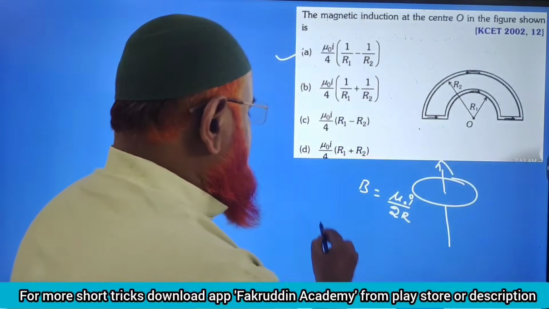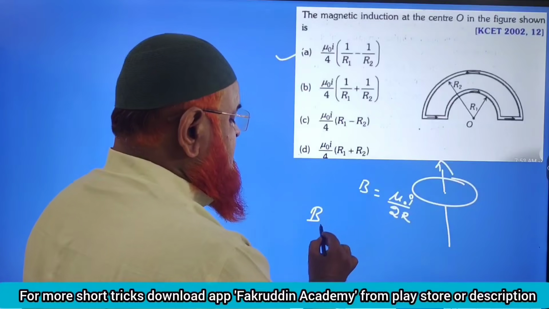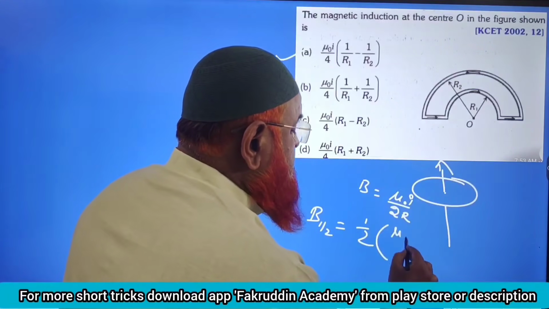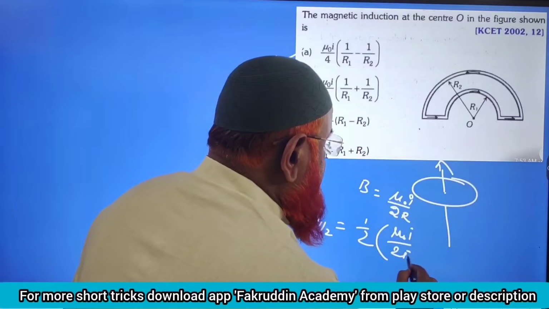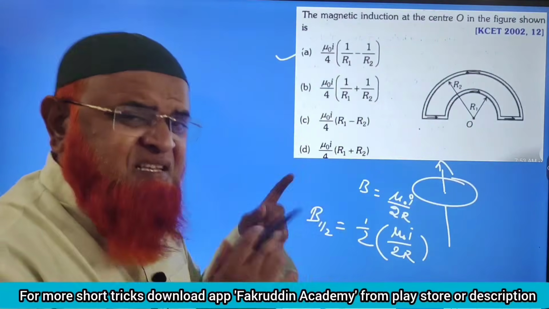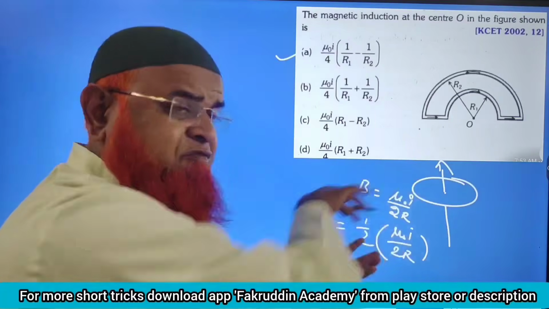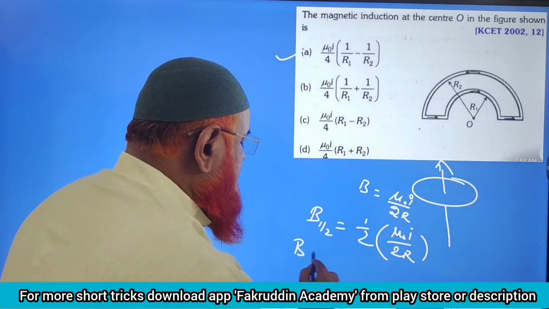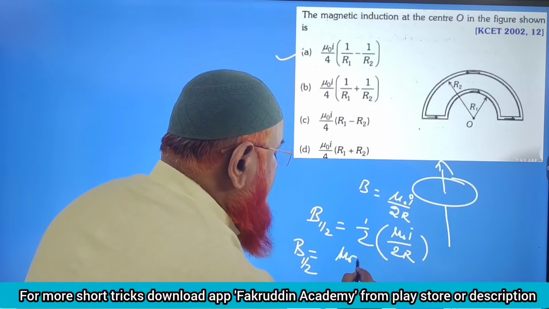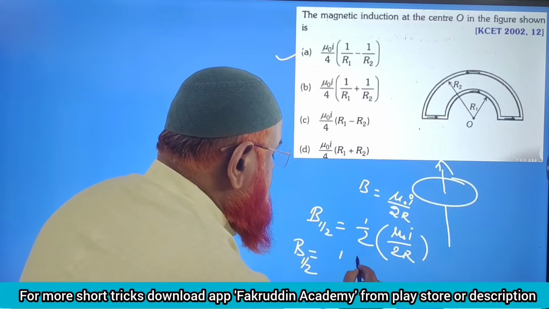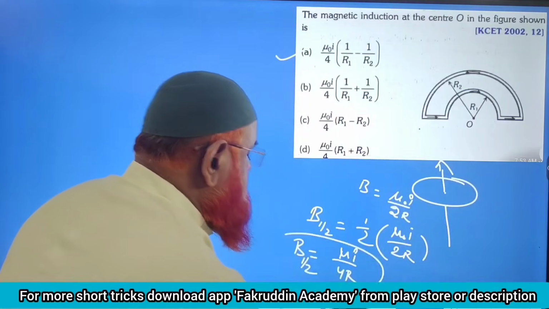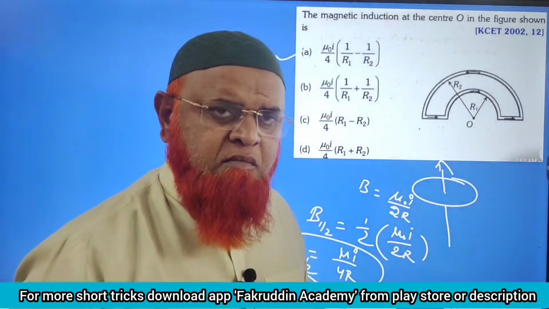For a half circle, you have to consider half of mu naught I by 2r. That's it. Need not memorize anything. For a complete circle, if this is the formula, for a half circle it is half of the previous formula, therefore your formula is going to be mu naught I by 4r.